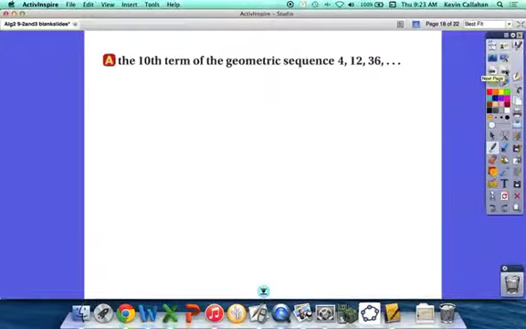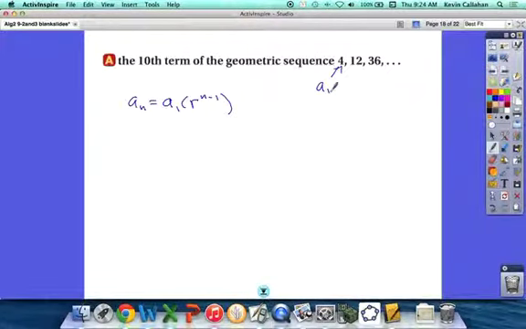So find the 10th term of a sequence, 4, 12, 36, and they told us it's geometric, so we don't have to figure it out. So again, I'm going to use this formula. An equals a1 times r to the n minus 1. And I'm going to plug in for the a1 and the r. What is the A1? There's the A1.